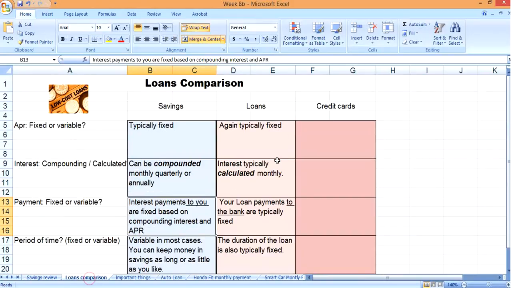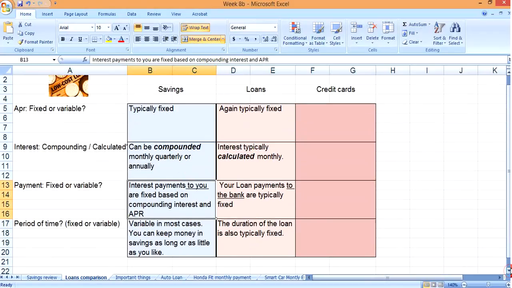Now, in terms of a loan, typically the kinds of loans that most people will experience are going to be student loans, mortgages on homes, and car loans. Those are the three big kinds of loans that you will come across. With a loan, typically you're going to have a fixed interest rate. So when you sign on the dotted line at the car dealership, you're going to know exactly what the interest rate is.